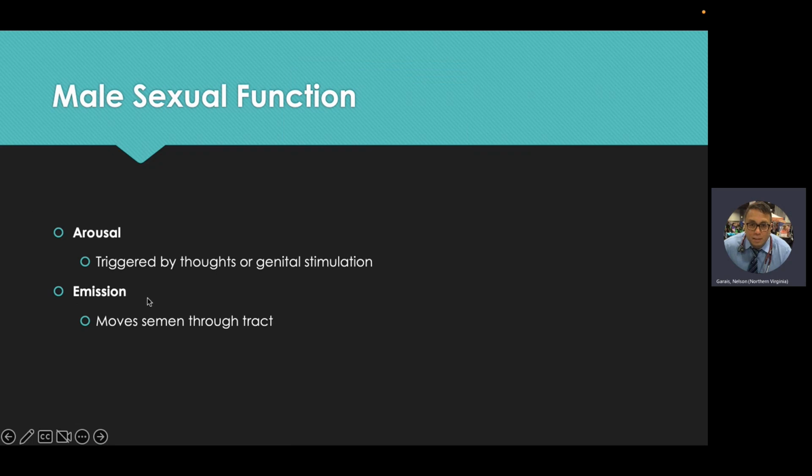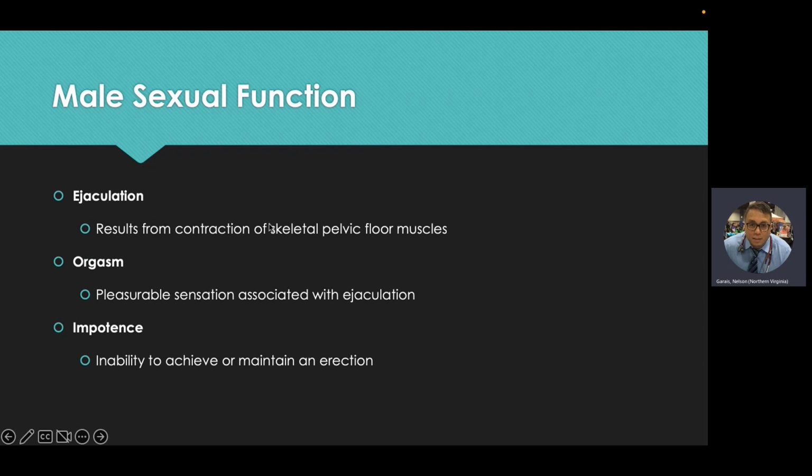So arousal, emission, these terms there. And remember, the arousal, the erection requires parasympathetic nervous stimulation, which is what? Decreased blood pressure, decreased heart rate. One should be relaxed in the arousal phase. The emission phase is semen or the seminal fluid going through. But the ejaculation is contraction of not only skeletal muscle but smooth muscle as well, to reach orgasm.